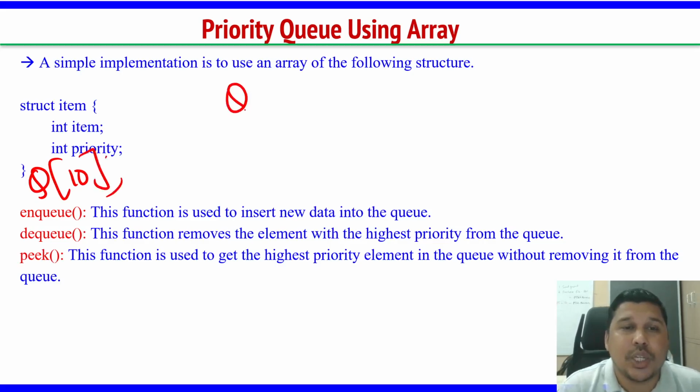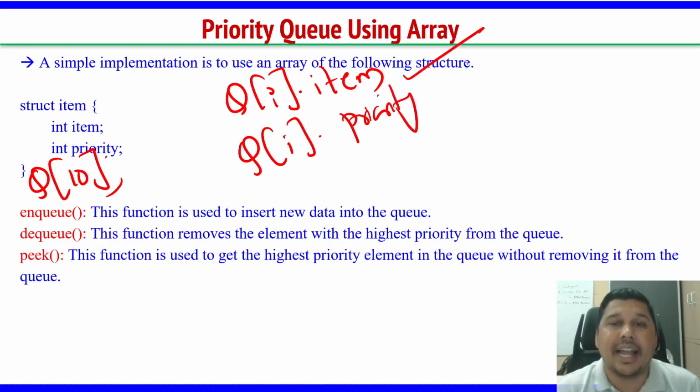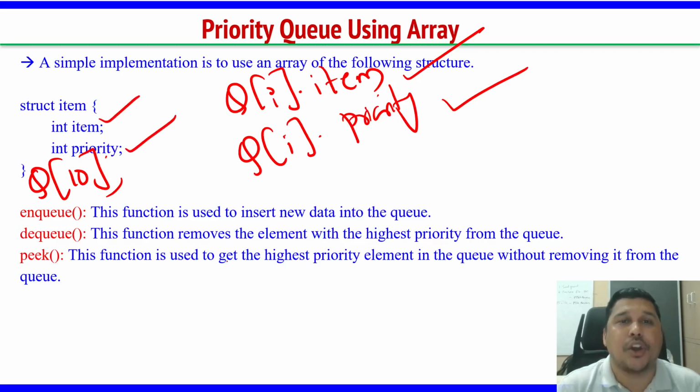It means you have Q[i].item and Q[i].priority. For every element you will have an element as well as the priority. You are creating a structure with two members, item and priority. Like this you can keep doing those operations. You can compare and you can implement this using arrays.